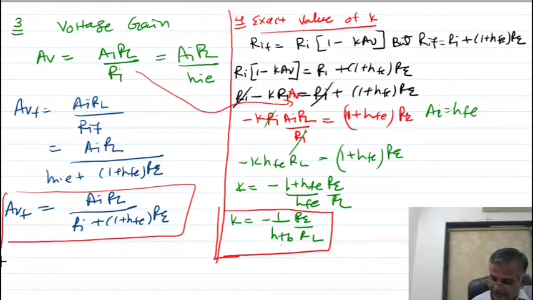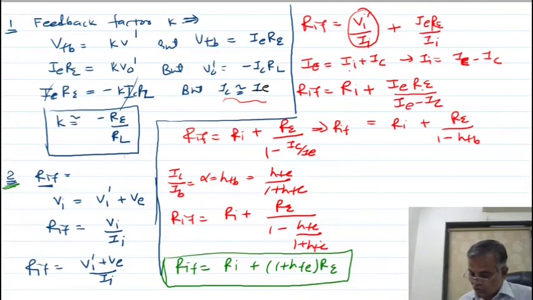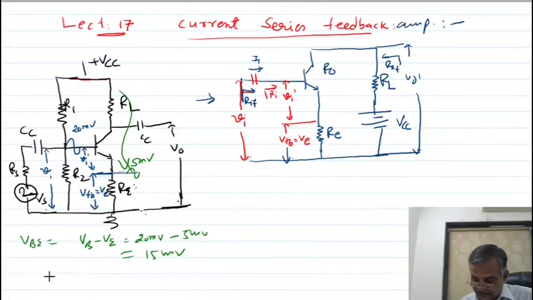And the last analysis, fifth, the output. Yes, here you can write one more thing. If you want to find the overall effective input resistance Rif dash, then Rif parallel R, where R is the parallel combination of these two.